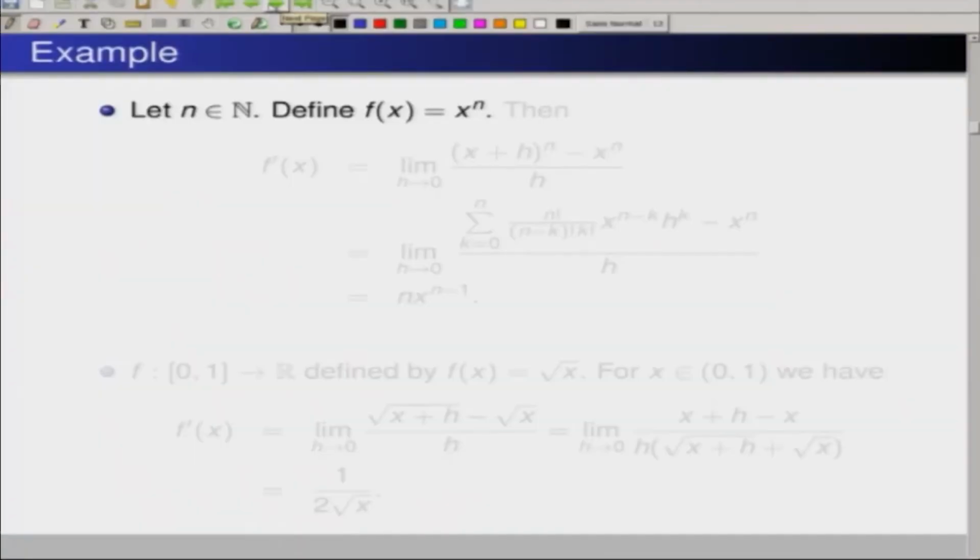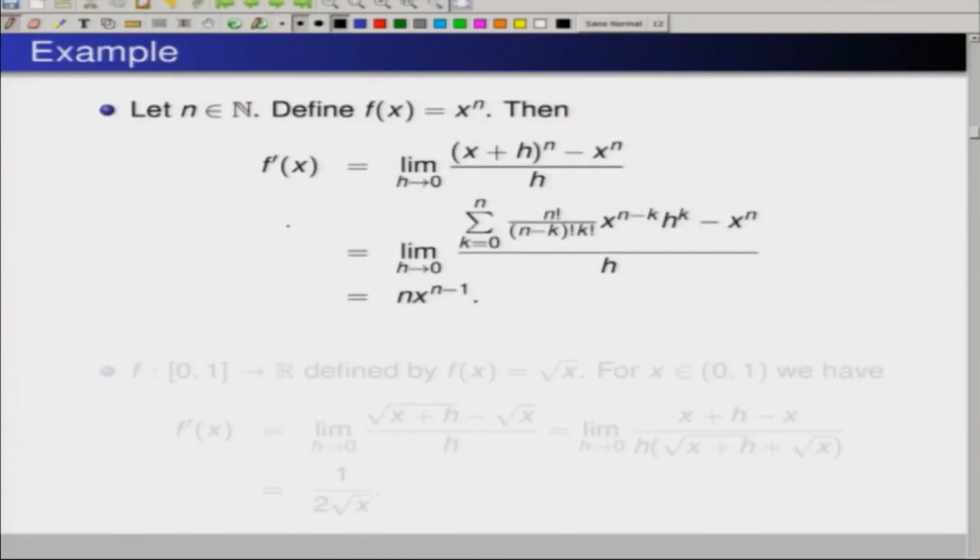Okay. Now, let us do some example which you have done in your class 12. Let us just take f of x equal to x to the power n, where n is a natural number. Then of course, f prime of x is the limit as h goes to 0 of x plus h to the power n minus x to the power n divided by h.